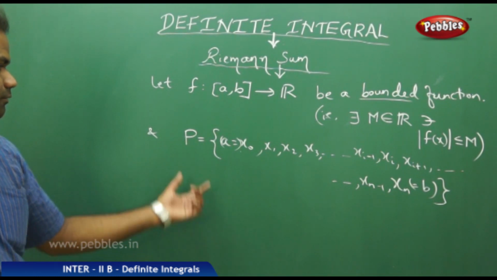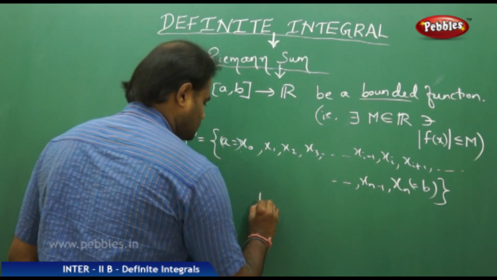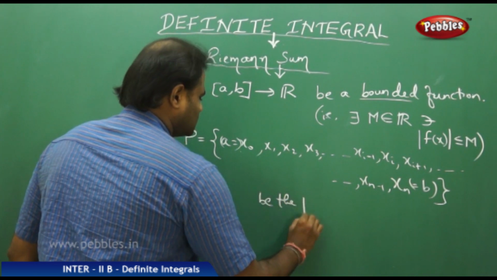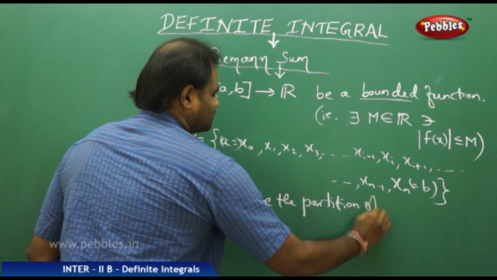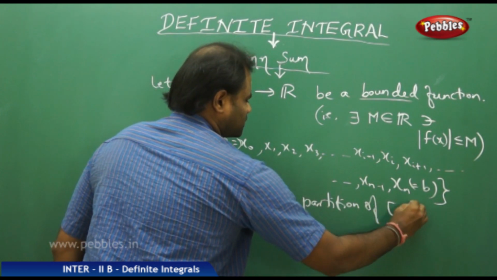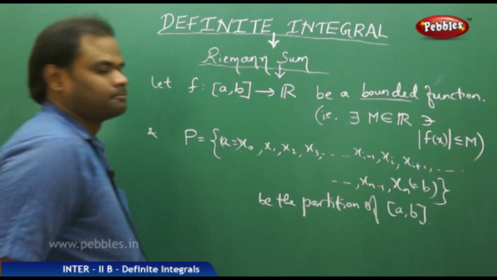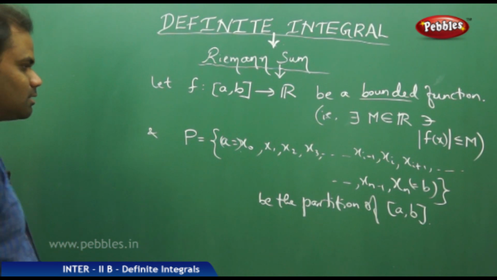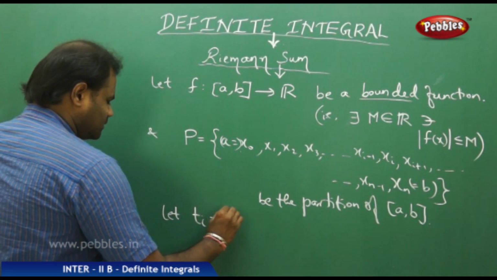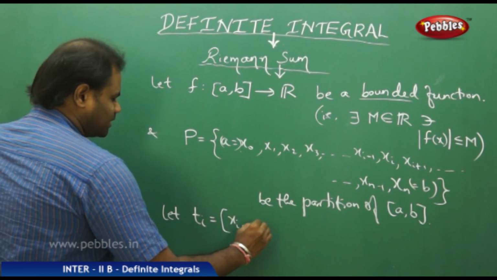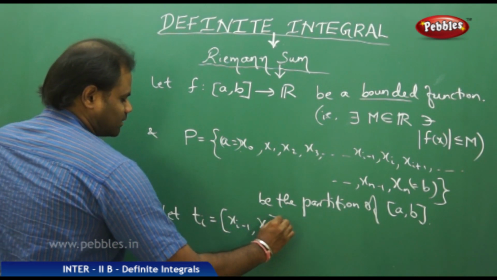We have already defined this partition of the closed interval AB. And let me take some interval Ti, the closed interval xi minus 1 to xi.